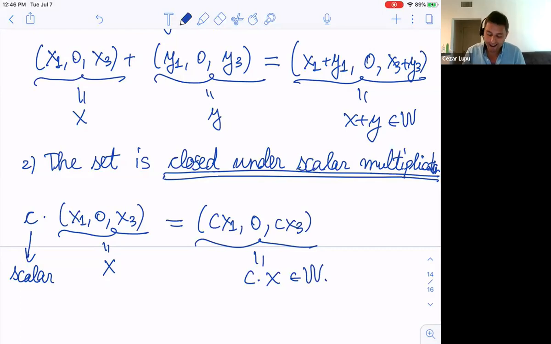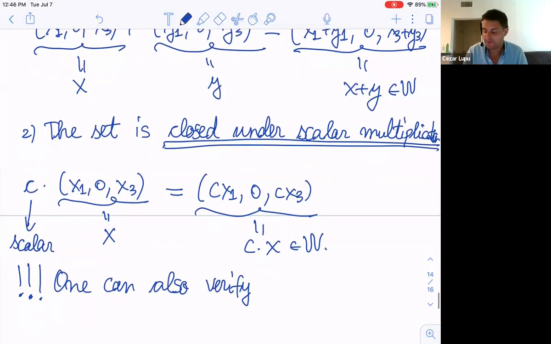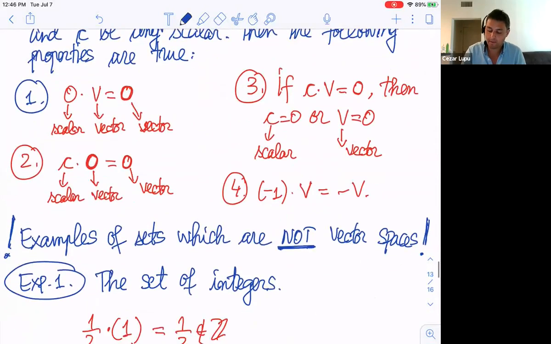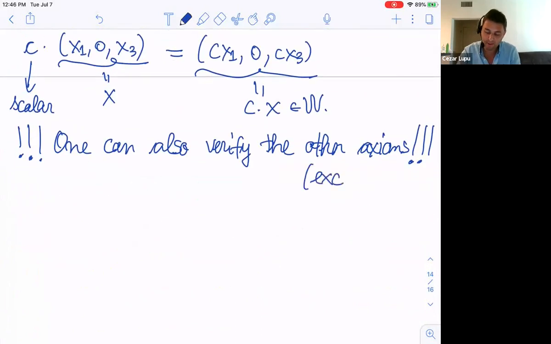Well, I will say the following. One can also verify the other axioms, and I'll leave it to you as an exercise. Because if I verify all of them, I'll go nuts.